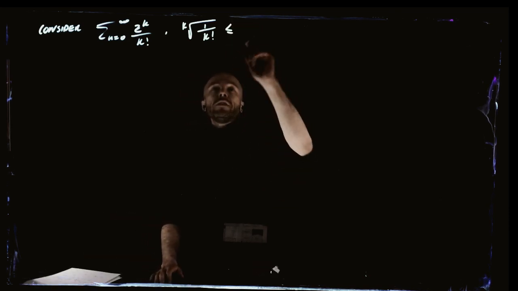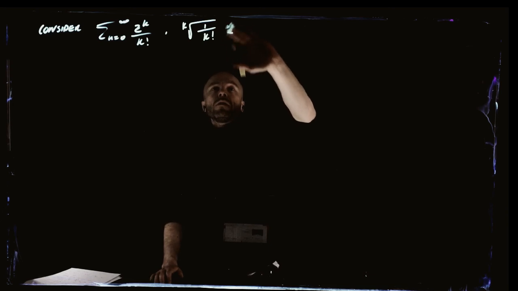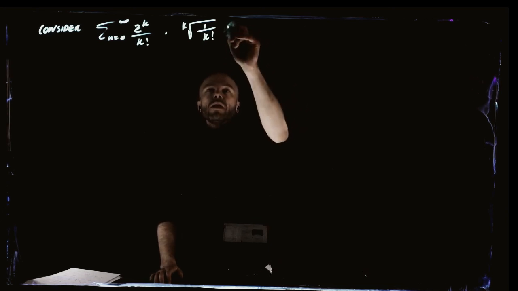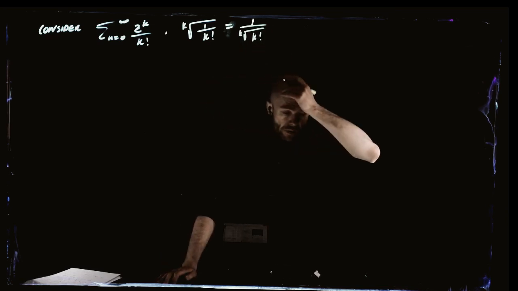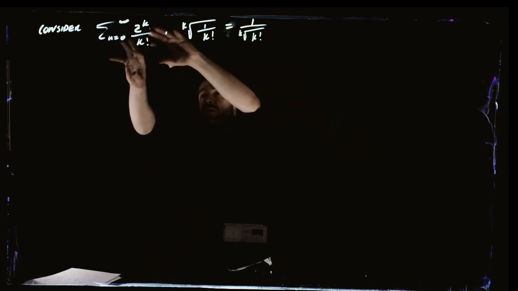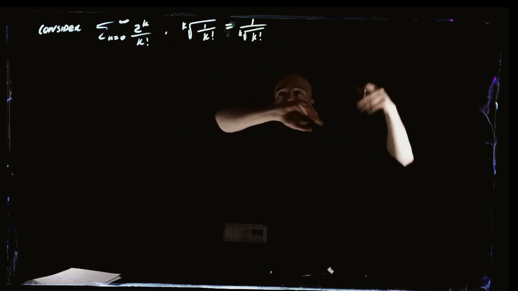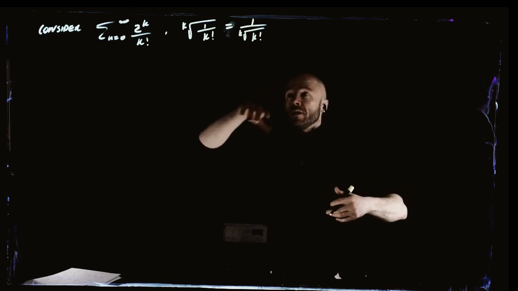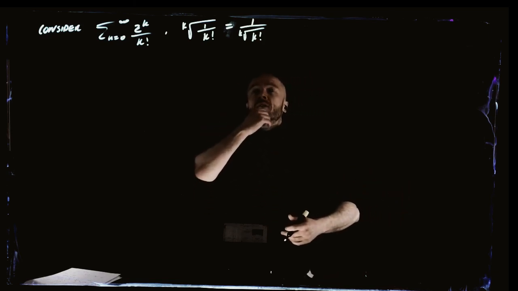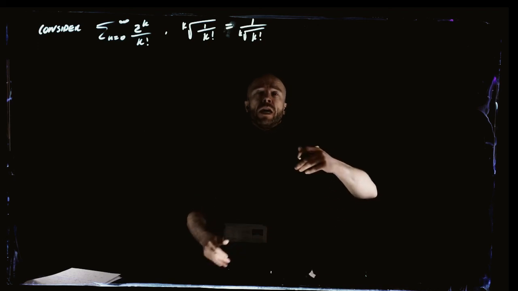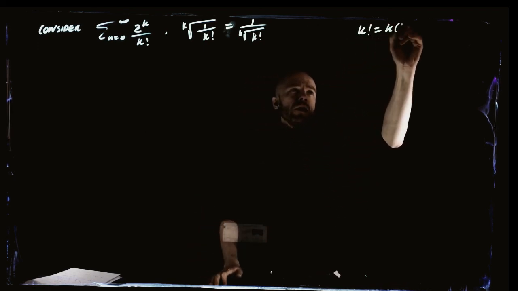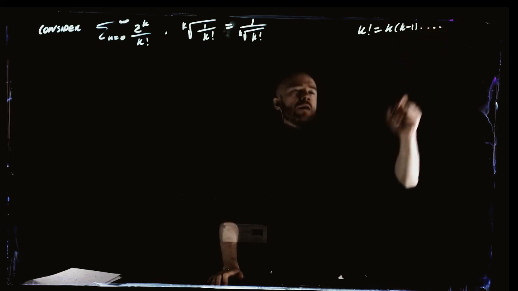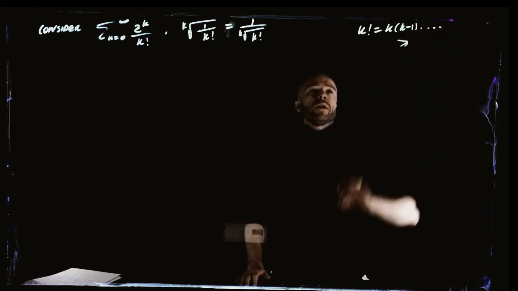This is the same as 1 over the kth root of k factorial, and we'd expect this to go to 0 as k tends to infinity, which would imply that the radius of convergence is infinity. So we're going to be bounding this from above, and we know that k factorial is k times k minus 1, blah, blah, blah.